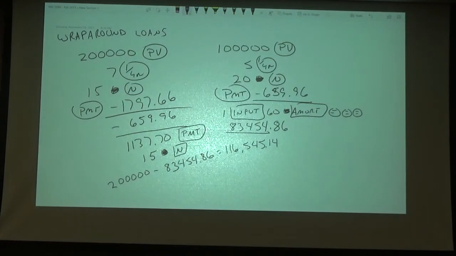That is going to become our present value. Okay, we've got to put that in as a negative present value.